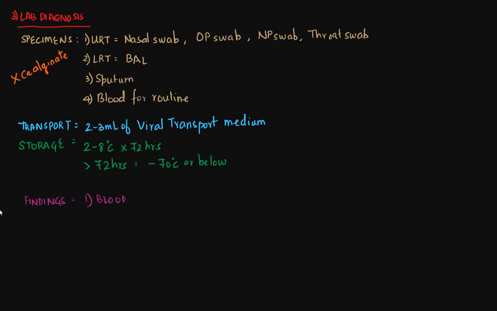On analysis of the blood samples, the findings we may get are lymphopenia, neutrophilia, that is an increase in neutrophils, increased AST, increased ALT. This signifies liver damage. Increased blood urea nitrogen and increased serum creatinine signify kidney damage.